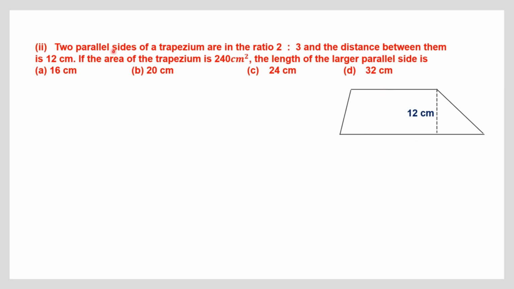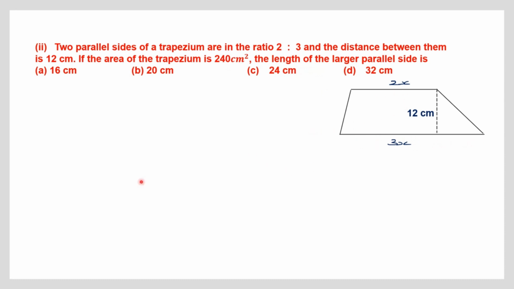So here they are saying the two parallel sides are in the ratio 2:3. So we can write this as 2x is to 3x. And the distance between them is 12 centimeters. Remember, we said the distance will be the height and the parallel sides can be taken as the base. Now here the area is given to us. So now we just have to find the length of the larger parallel side.